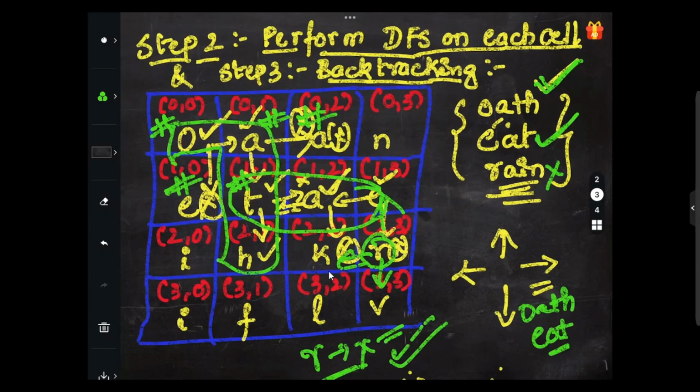Whenever we move to each cell, then we will mark that one temporarily as visited with hash to prevent the reuse. To prevent the reuse, we'll be marking them with hash, right? So that's what we'll be doing. If a trie node is completely used, we will delete it.